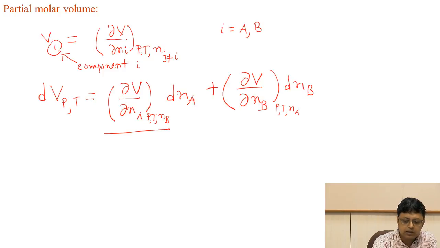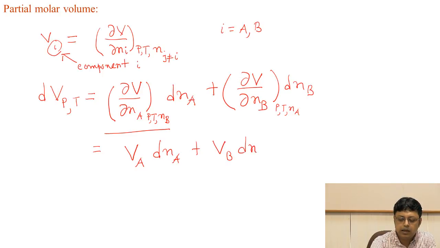Before integrating, we can write it in a shorthand notation: Va dNA plus Vb dNb, where Va and Vb are the partial molar volumes with respect to A and B respectively.